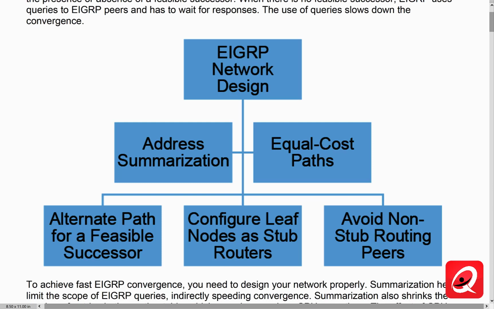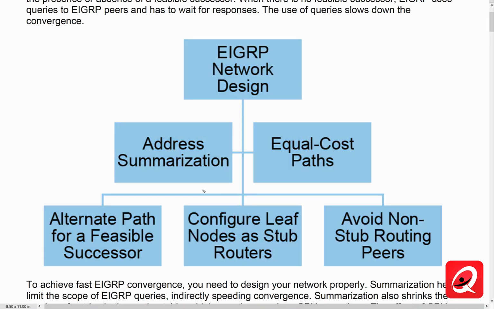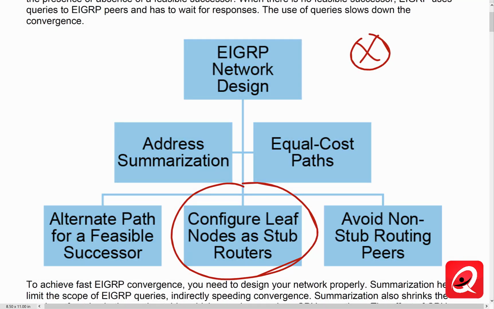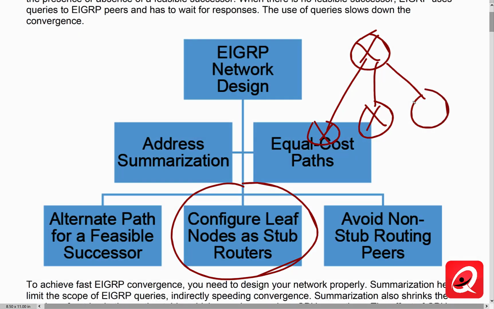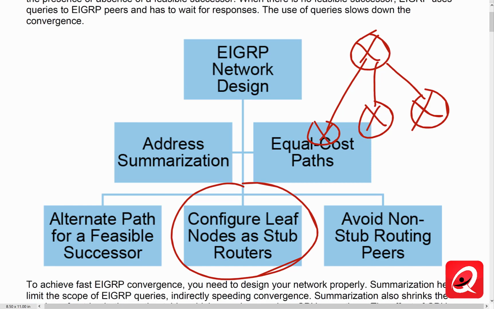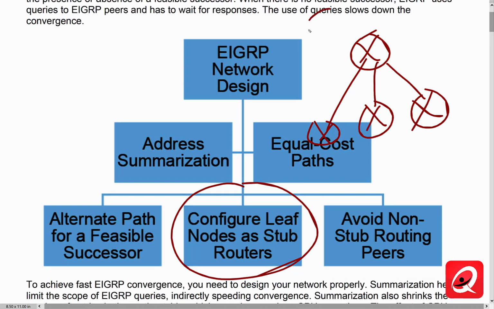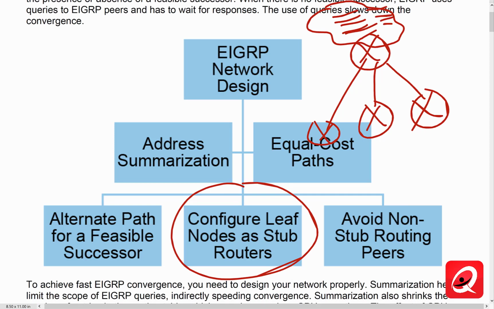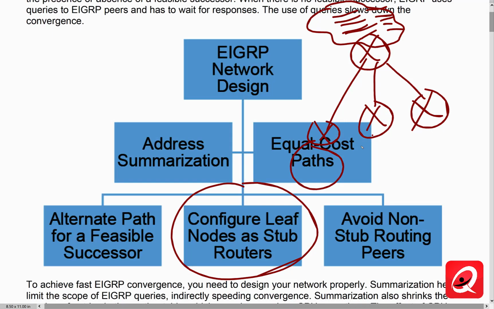We'll talk more about this other concept as well, configuring leaf nodes as stub routers. I'll give you a little quick crash course in this, right? So you have maybe a hub and spoke design where you've got various branch locations that are connected to your network. This is your headquarter location, and behind the headquarters, you have your thousands of routes that exist in the headquarters.